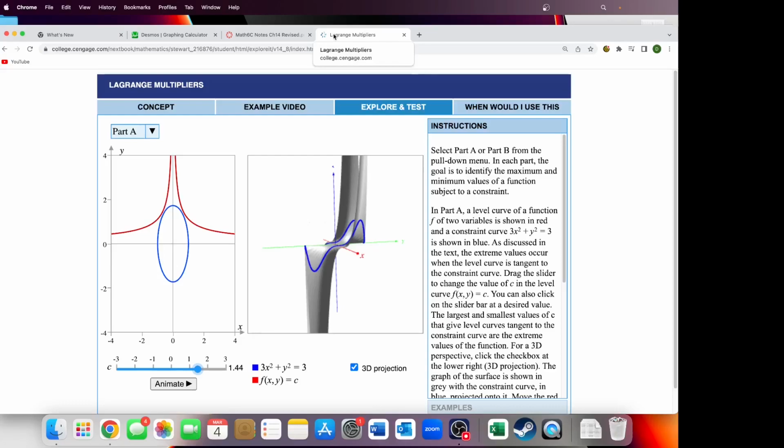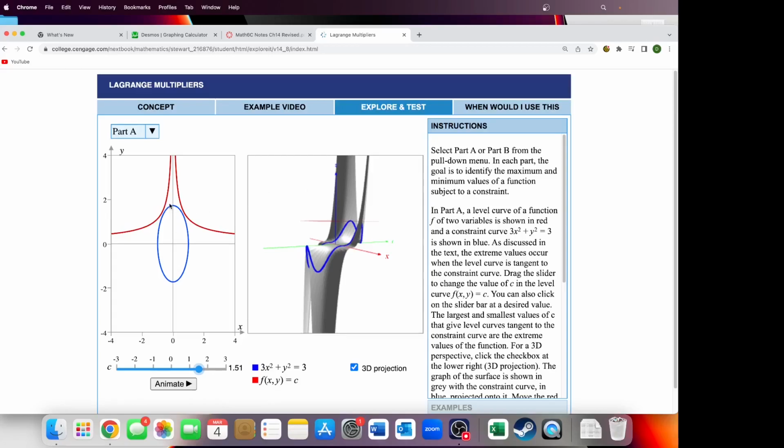And so this is the picture of the level curves over here. And this over here is a graph of the function, and you can move it around, and I hope that you do. When these are just kissing one another, that is when we're at the max. That's the highest. The gray is our curve, and the blue on there is our constraint.